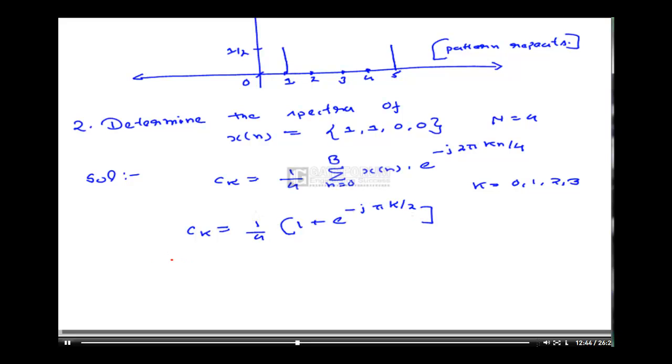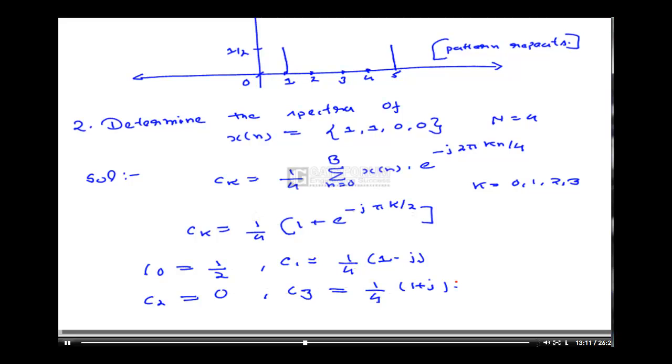So I got C0 equal to 1 by 2, C1 equal to 1 by 4 (1 minus j), C2 equal to 0, C3 equal to 1 by 4 (1 plus j). For this I can write the magnitude spectra.